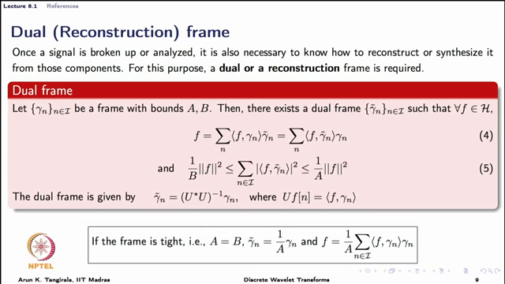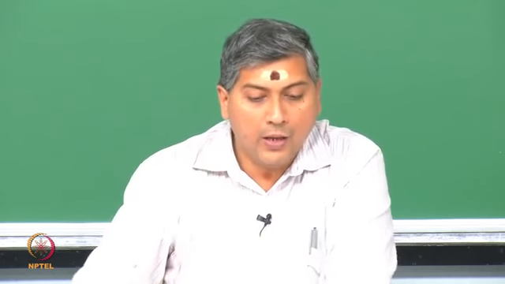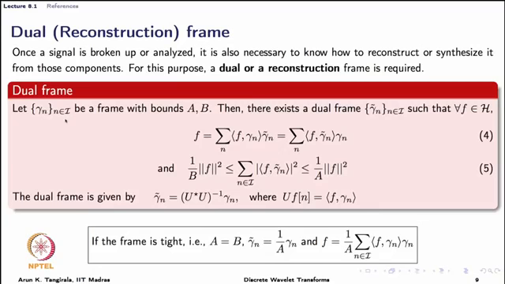The dual frame is also a frame, right. So, the same frame definition applies, but it is a special frame, it is a dual of some other frame. So, that is why we have a reference frame here.